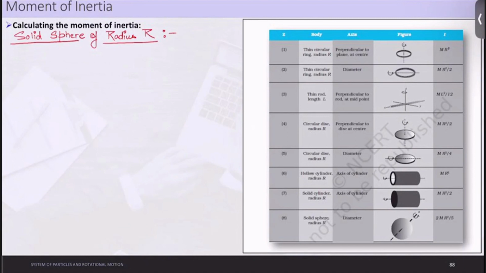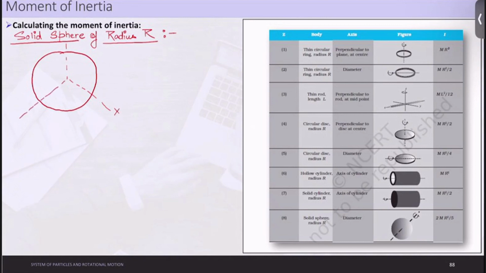So let us assume this time what is happening. Just understand the complete analogy. Let us assume this is your radius, this is your sphere, correct? Let me just make some dashed lines.